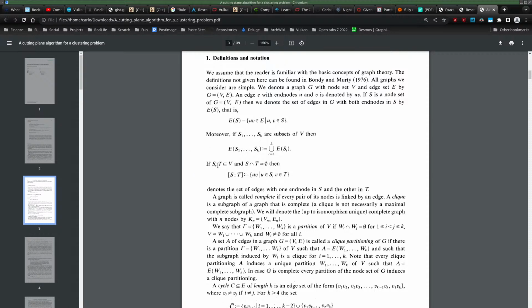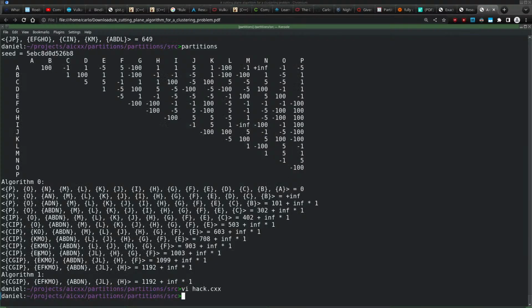If S and T are subsets of V, and the intersection between S and T is empty, which is definitely always the case in our case, I mean, it's not that there is an A in here and the A is also in here. It's not allowed.